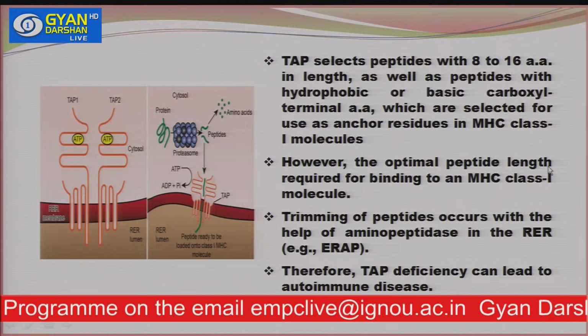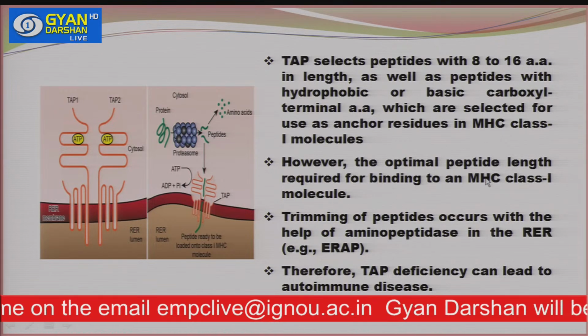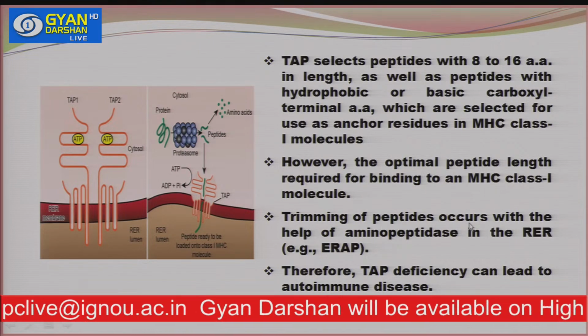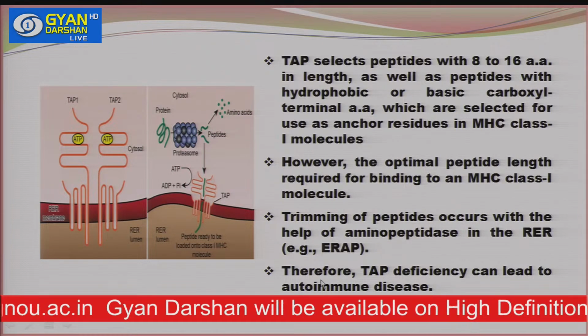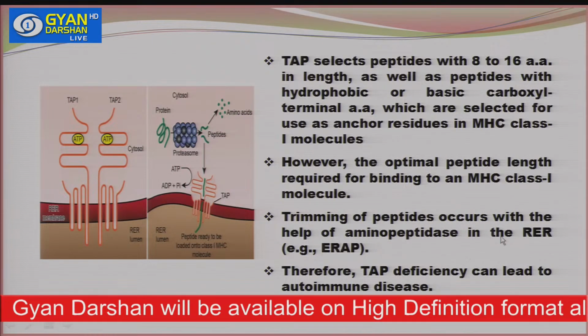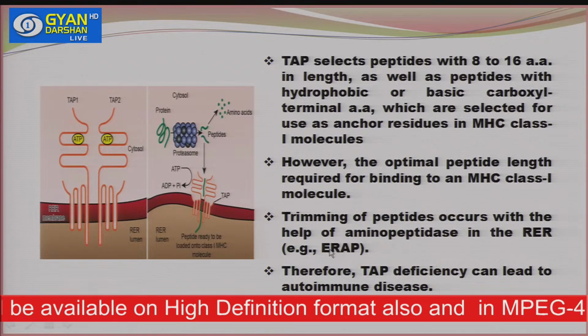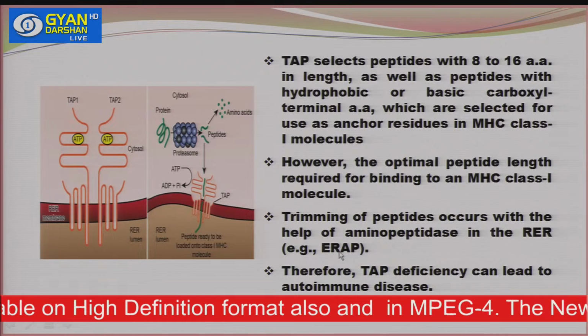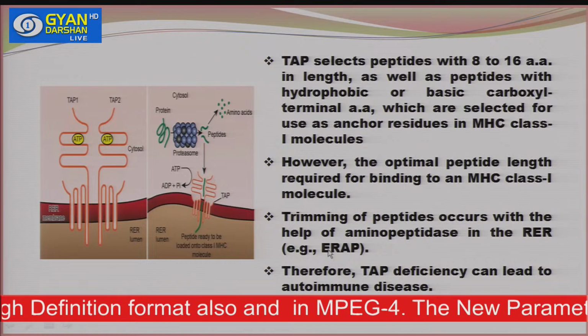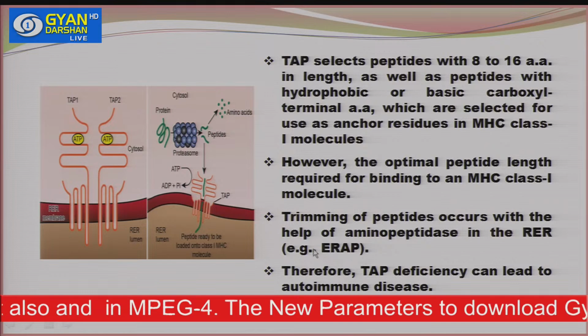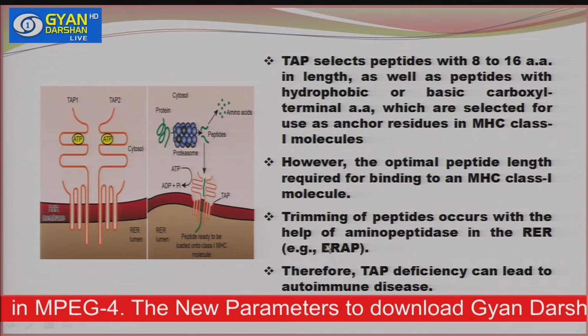However, optimal peptide length requires binding of the MHC class I molecule, and trimming of the peptide occurs with the help of aminopeptidases in the endoplasmic reticulum, for example ERAP, the endoplasmic reticulum aminopeptidase. These are very important enzymes.